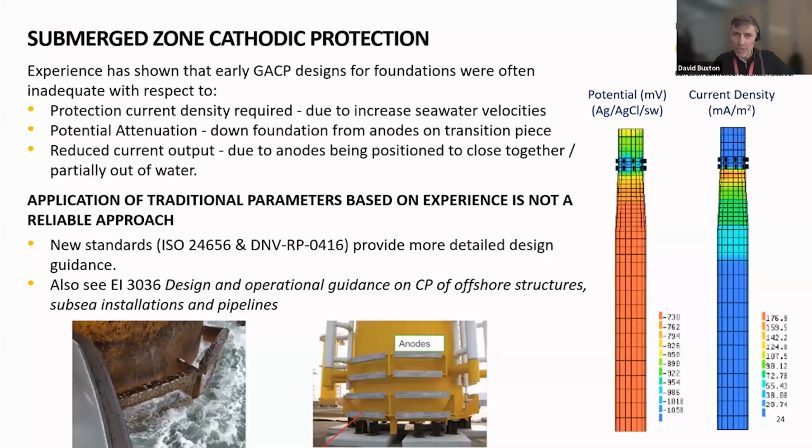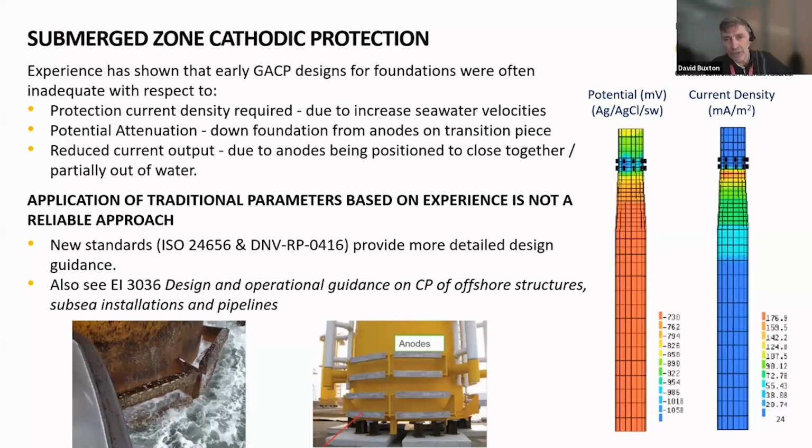Secondly, there were issues with potential attenuation. If you look at the diagrams to the right of the slide, the cluster near the top of the monopile is the anodes. These are mounted at the bottom of the transition piece, but you can see it's a long way down for the anodes to protect down through the foundation to this seabed level.